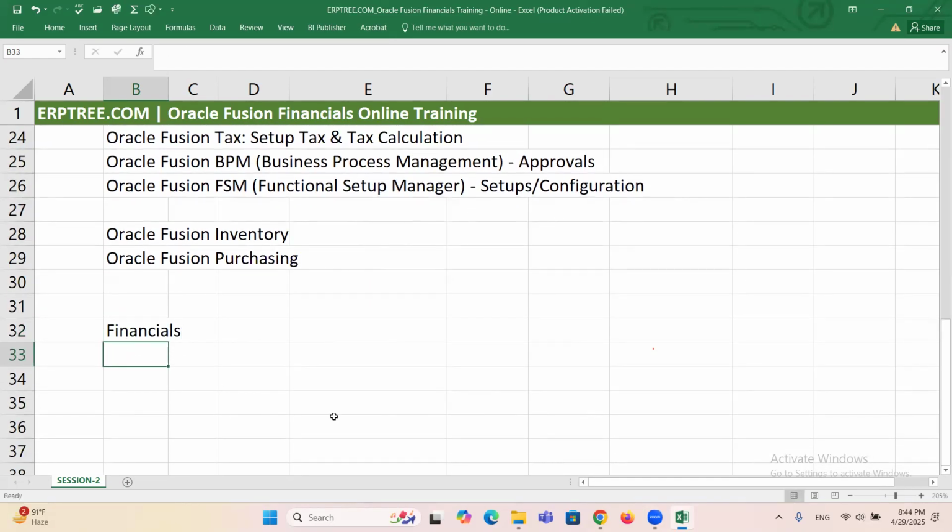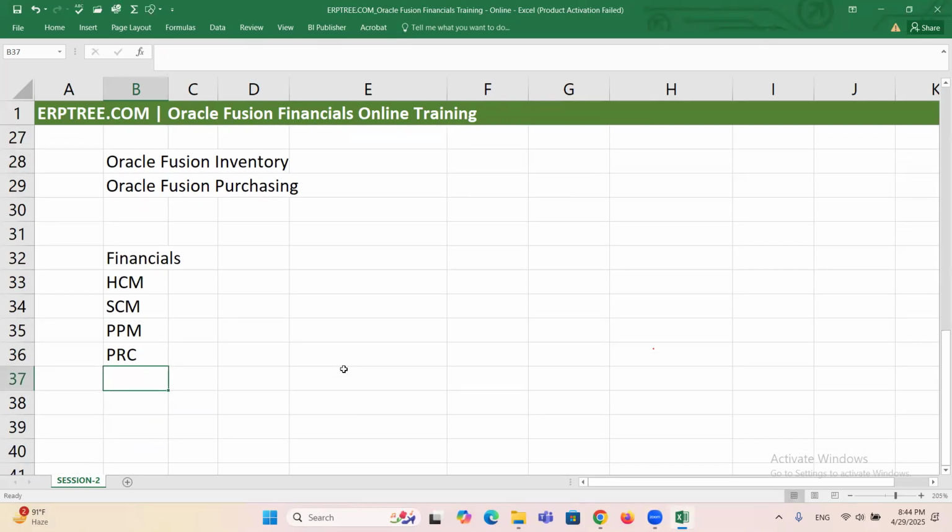In the same way, based on the purpose, the process, and the data we are going to maintain, applications are classified like HCM, SCM, PPM, PRC, and CX, which you can also call CRM.